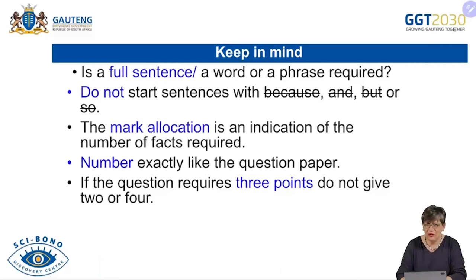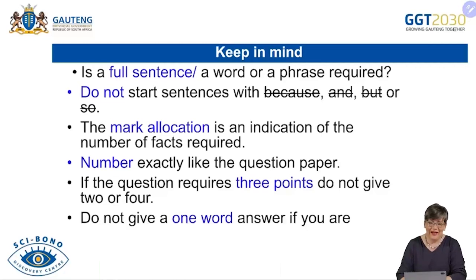Don't give us 2 or 4. It's 3 that we need, then we need 3 points. And very, very important, I'm going to repeat this quite often: please don't give a word if you're asked for a sentence. That's why I say, make absolutely sure you know exactly what is required of you.